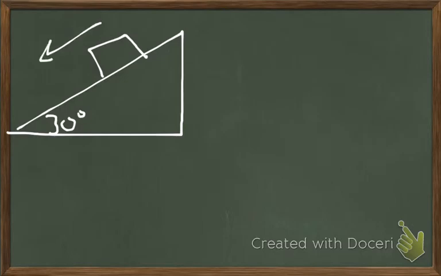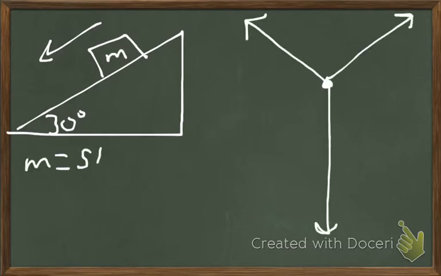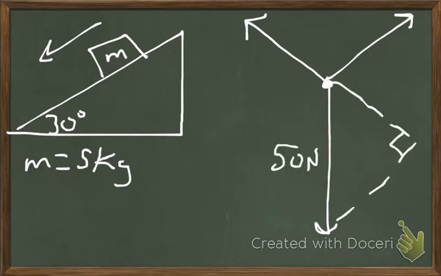We've got a box on a hill, but this time it's accelerating down. Alright? So that's what happens if we've got net force somewhere. We've got an acceleration. So, drawing the force diagram, we have an angle of 30 degrees, mass of m. So we can figure out everything else, just like we always have. Okay, so I'm going to draw it just like I've always done.